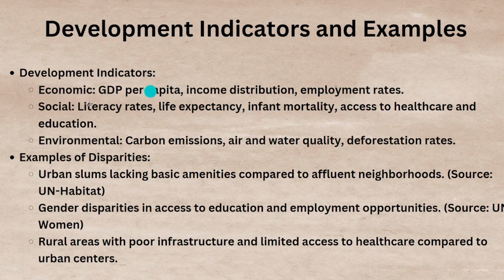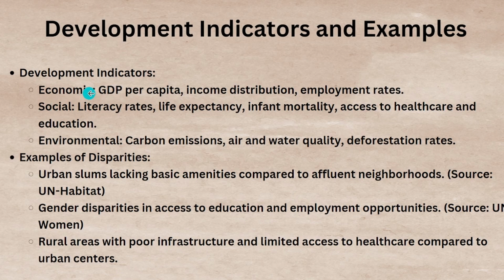Economic development indicators. GDP per capita. GDP means the total spending of the whole country in a year, all the money the people of the country have spent in a year on goods and services. It is a very normal explanation of what GDP is.